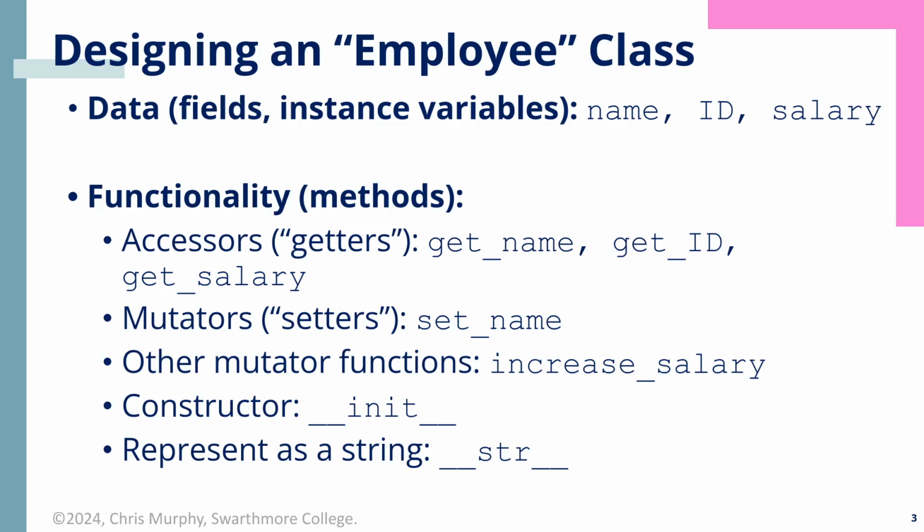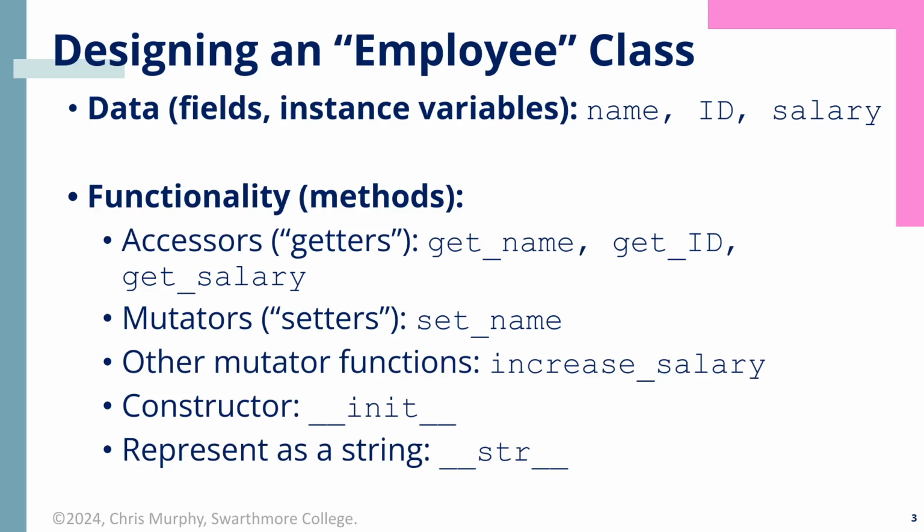But in this code, we're calling the constructor, which we are about to write. These are the arguments to the constructor, and this is going to be the name, the ID. And again, in a couple minutes, we're going to see how we can write this code.